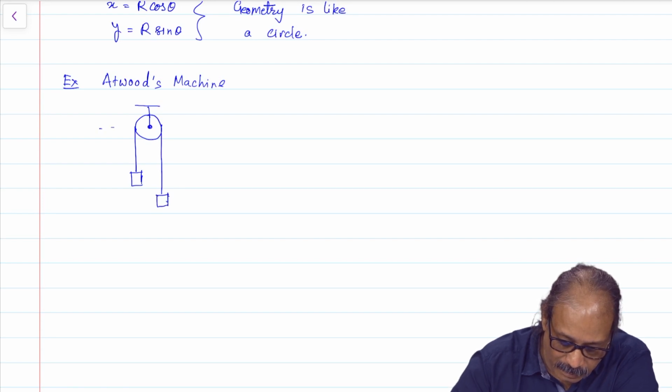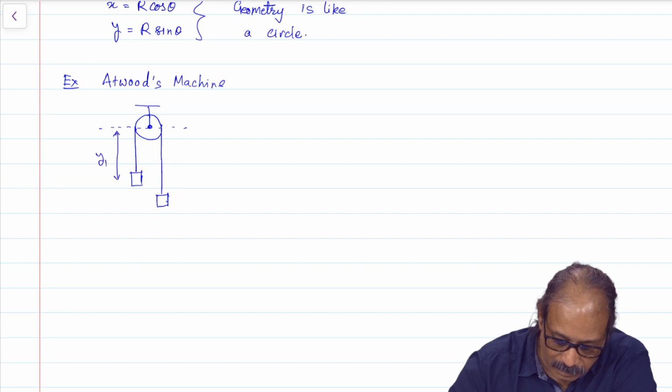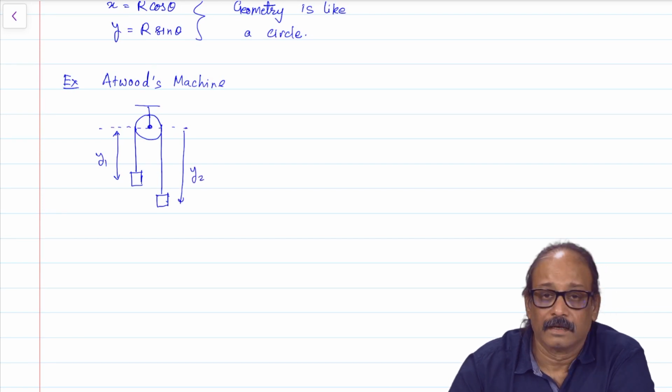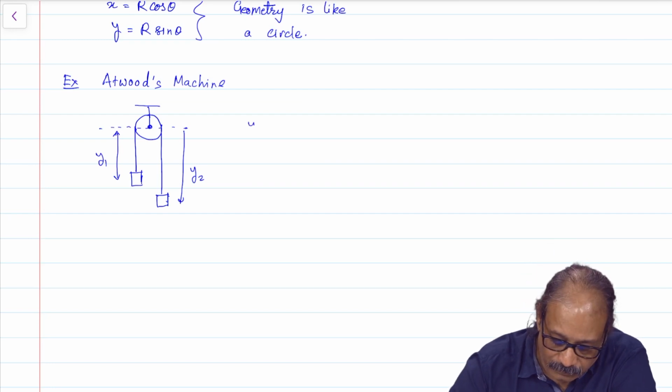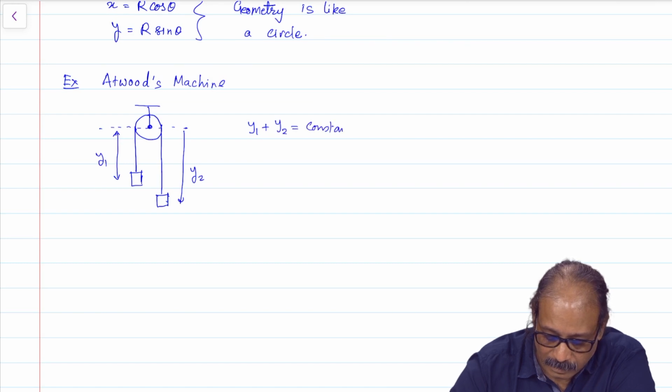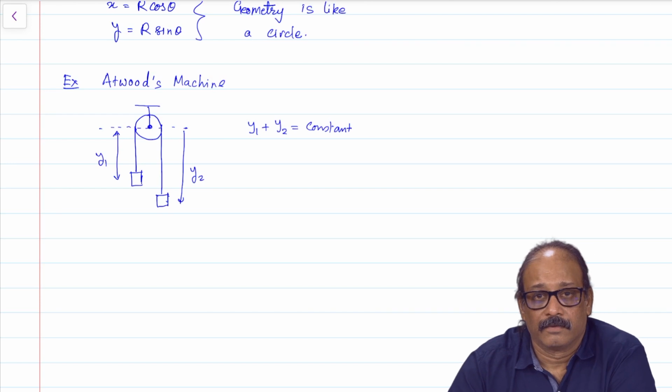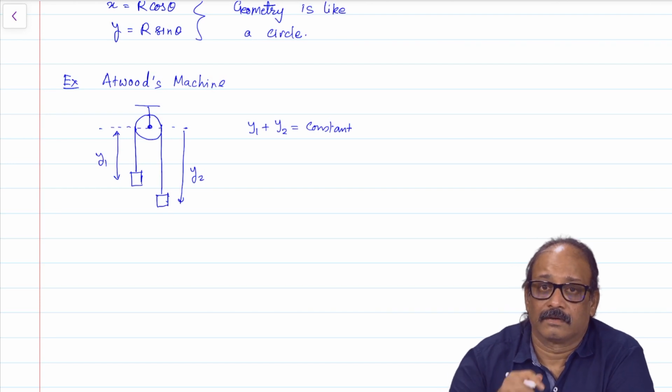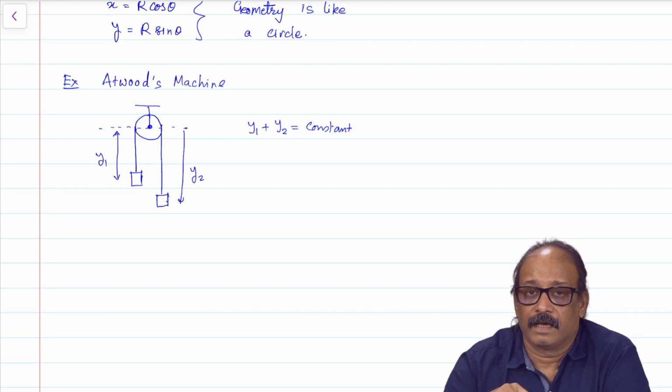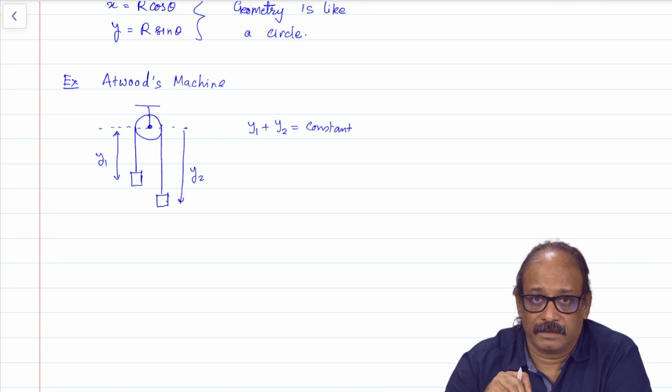And the coordinates that we will use are y 1 and y 2 for this, and here of course there is one holonomic constraint, which is y 1 plus y 2 is equal to constant, which means our configuration space is actually now one dimensional.